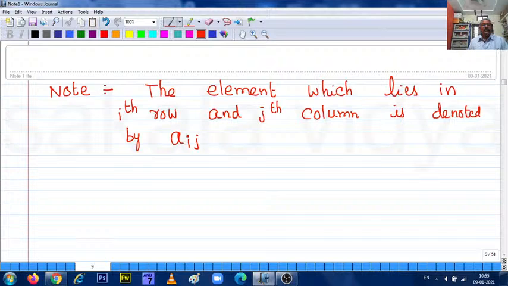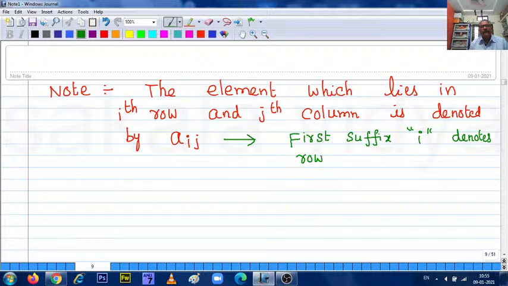Aij. That means first suffix, this is called I. First suffix I denotes row.